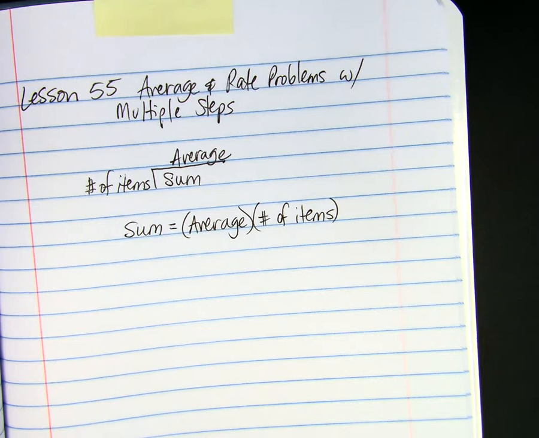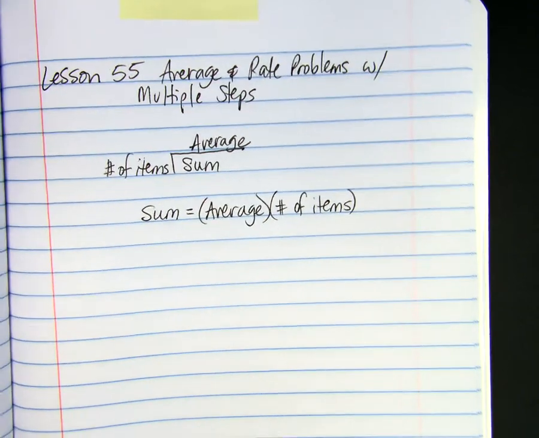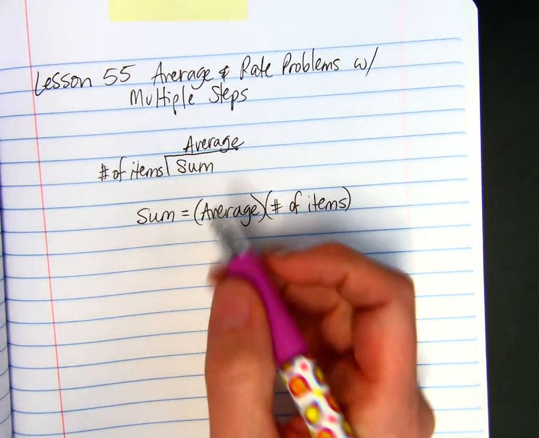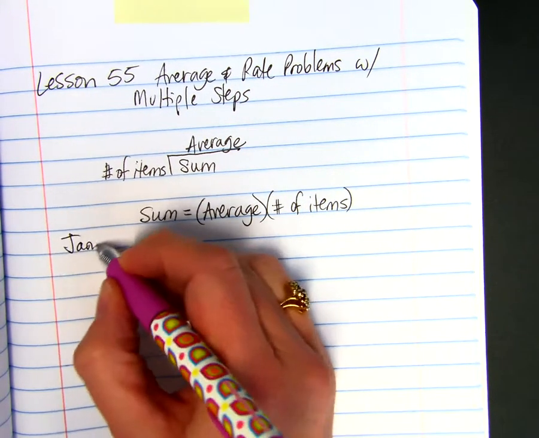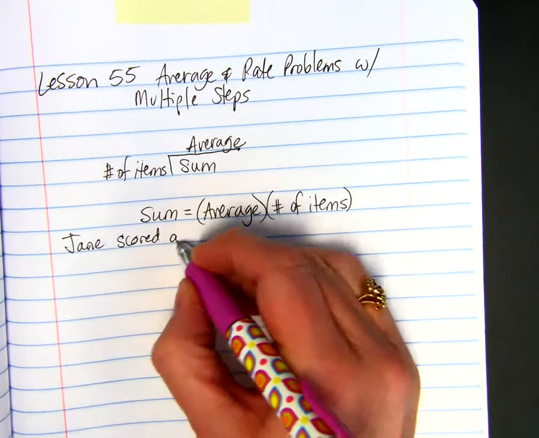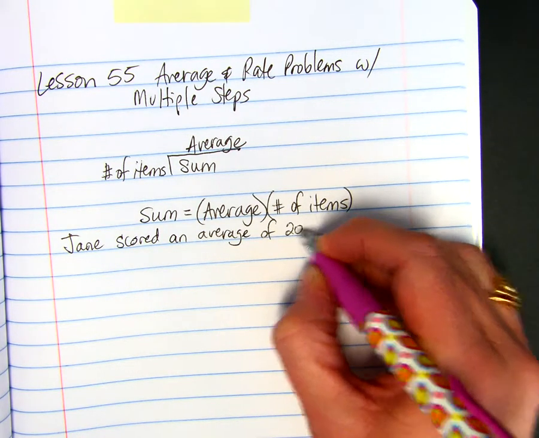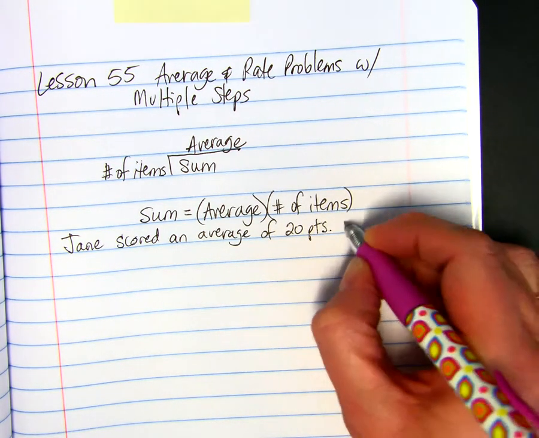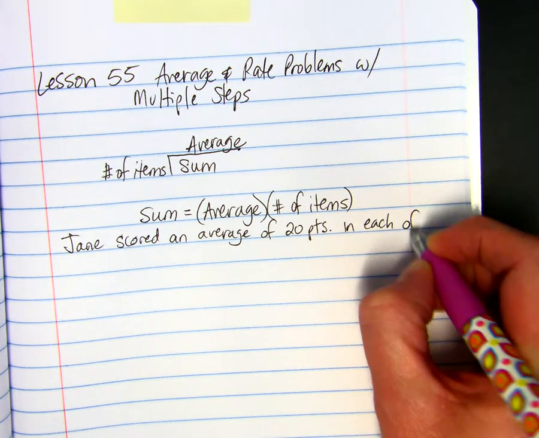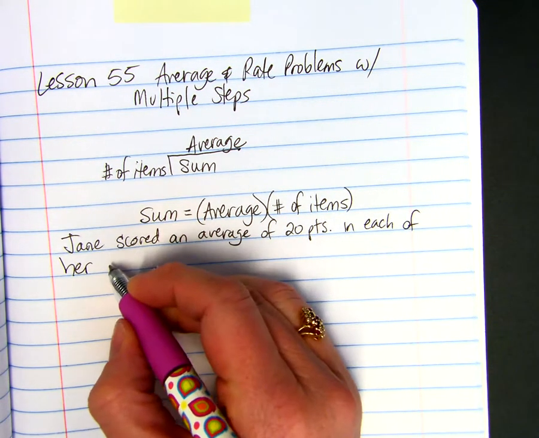So here's an example where we would have to find the sum, and they give us the average and the number of items. So we have Jane scored an average of 20 points in each of her 4 games.